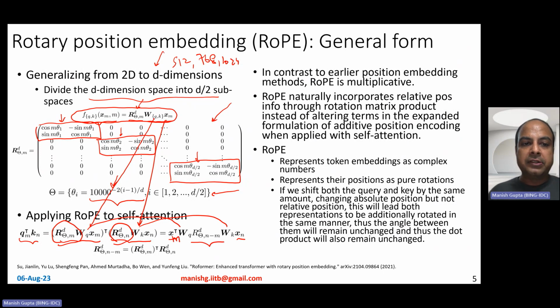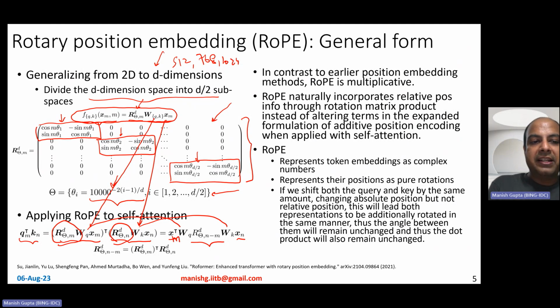So this n minus m term is now a relative representation, as you see. So far, if you just use this thing, it was essentially an absolute representation. But when you do the dot product, interestingly, all you need to care about is the relative difference.